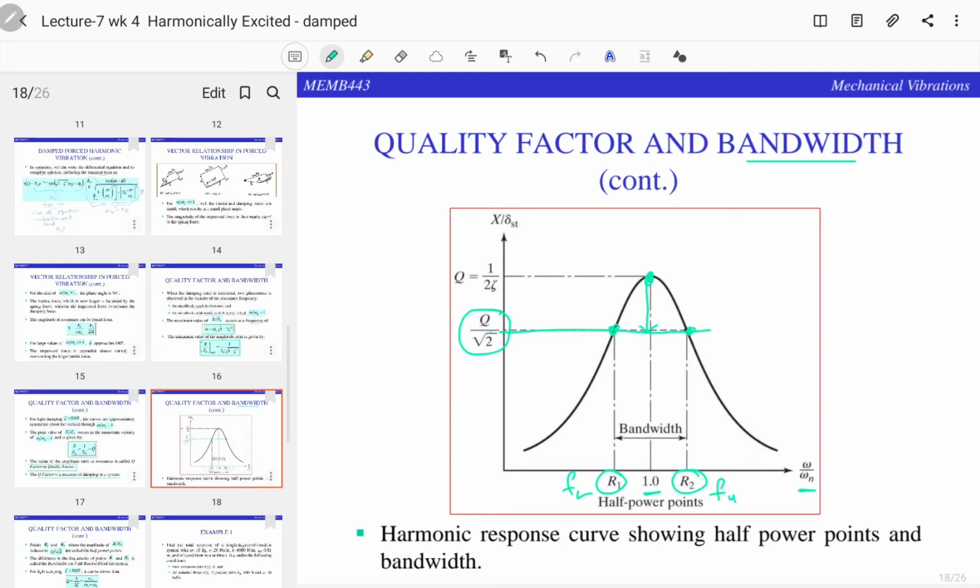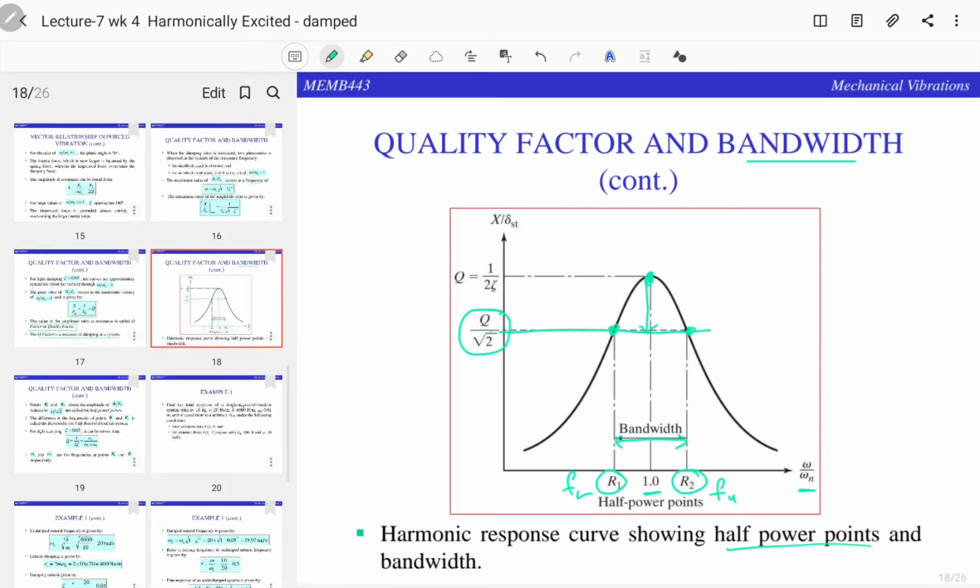This lower and upper frequency, here R1 and R2, define the bandwidth of the frequency. So what we call half power points and bandwidth. That's the definition, because sometimes when you have a vibration response, or maybe electrical signals also, people ask what the bandwidth of the signal is, or what the bandwidth of the vibration amplitude is.